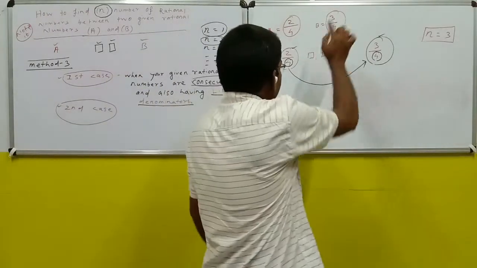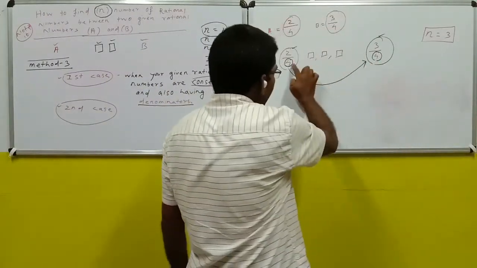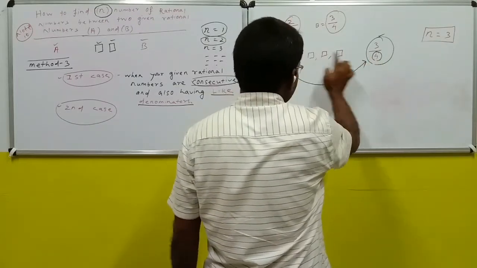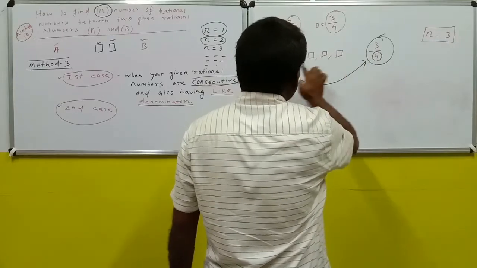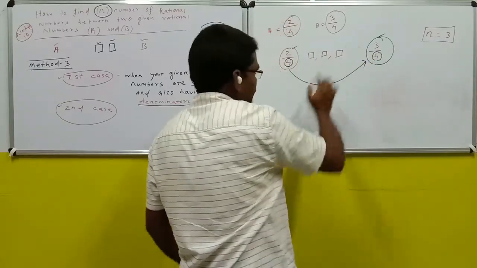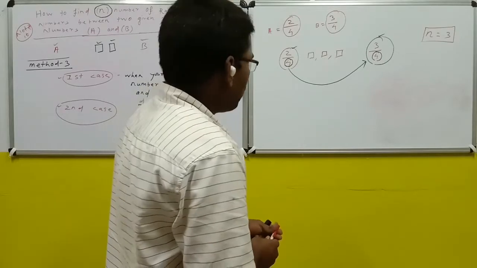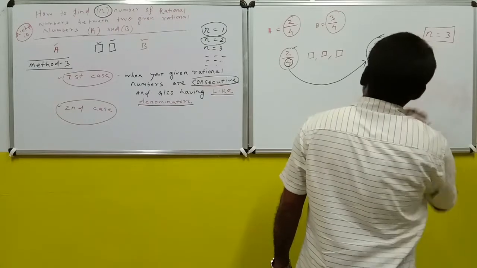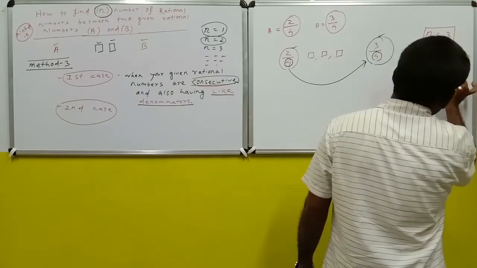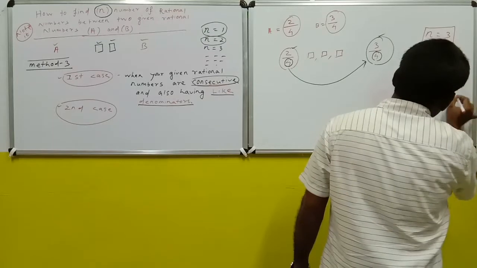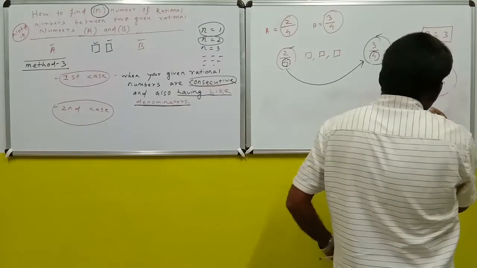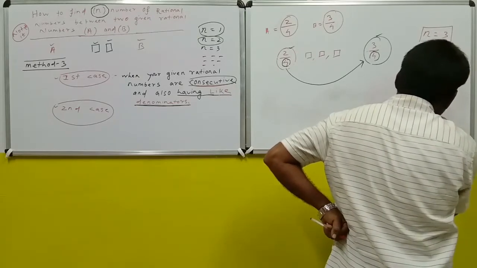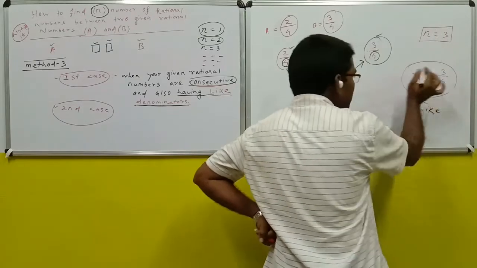Here you see that these two given rational numbers have the same denominator, that is 4. Therefore, these two rational numbers 2 by 4 and 3 by 4 are said to be like.